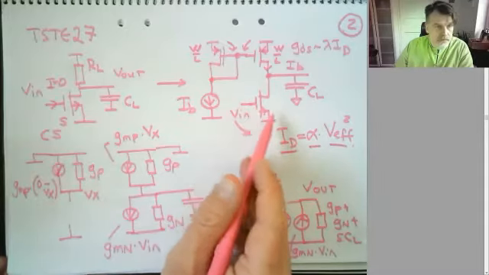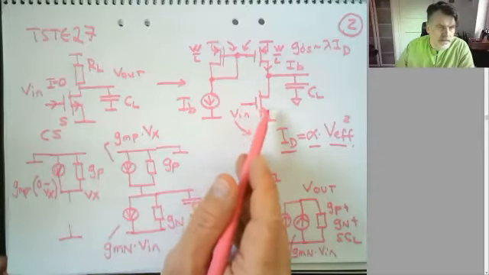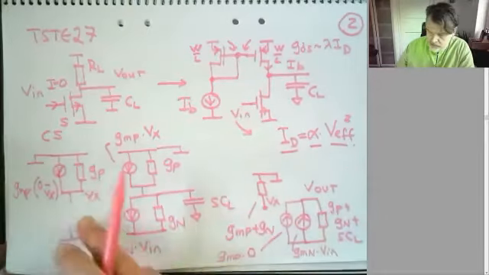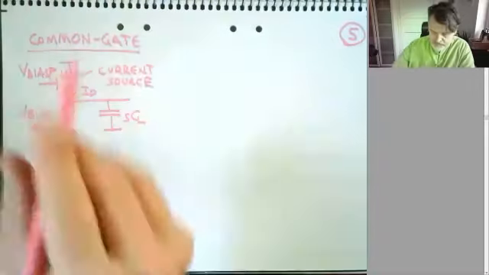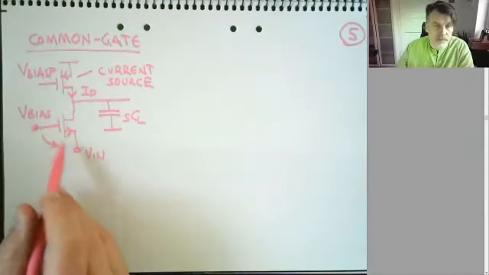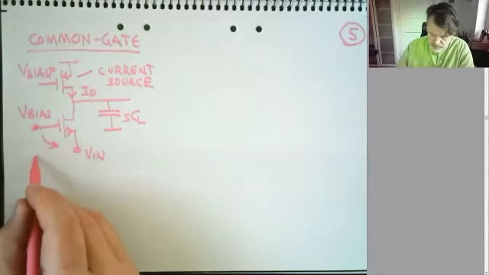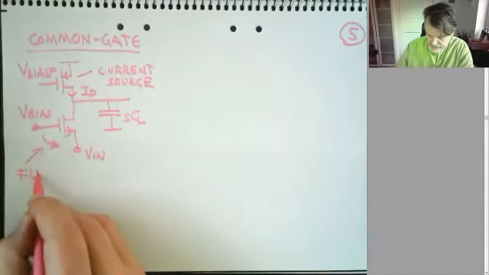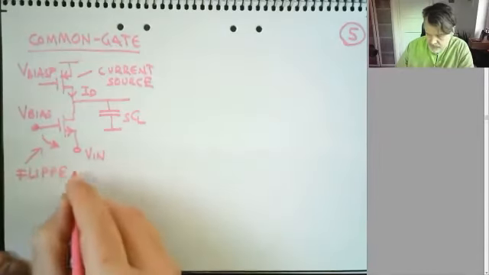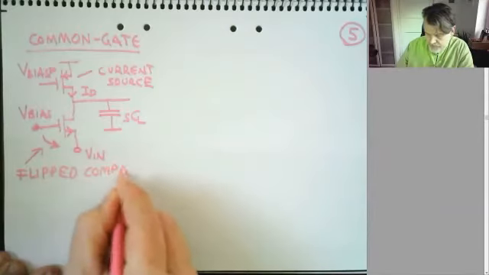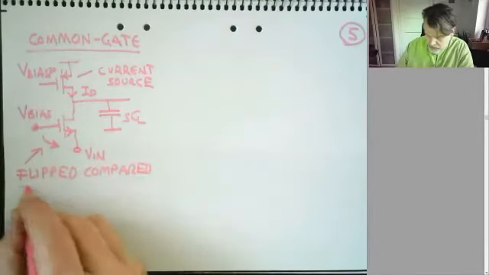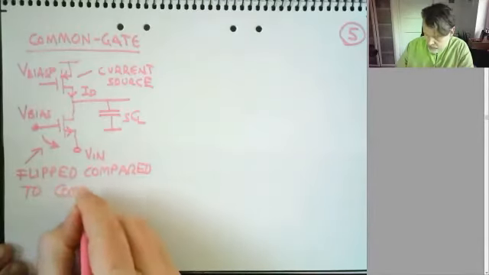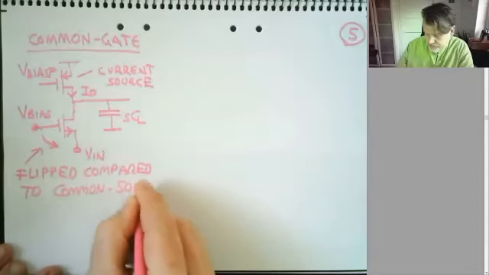So it's essentially doing exactly the same operation as the common source. It's just that I had sort of flipped them AC-wise. So this is just flipped compared to common source then.